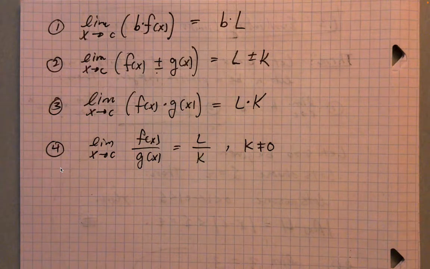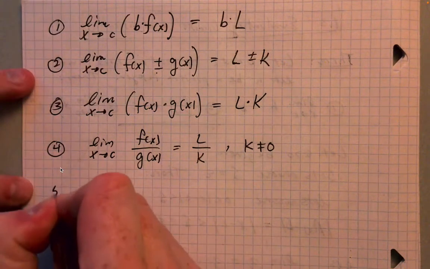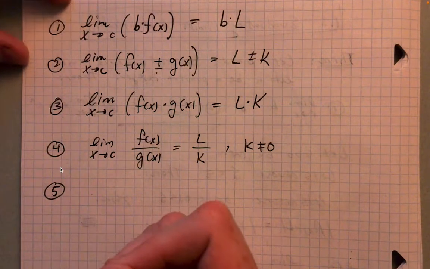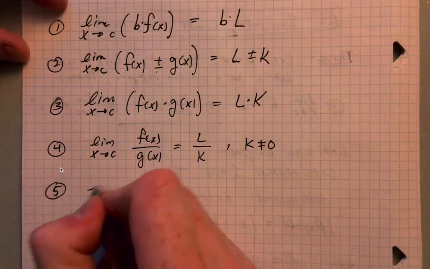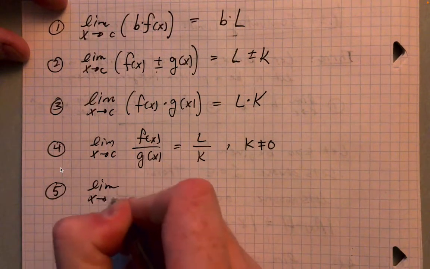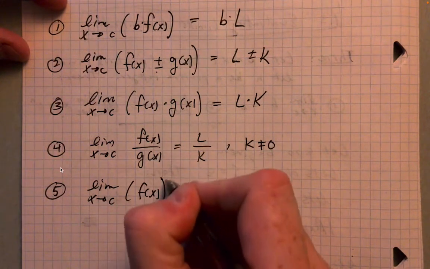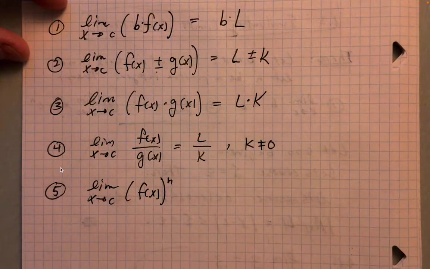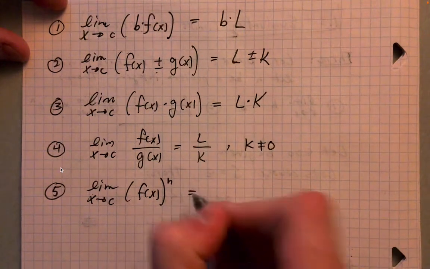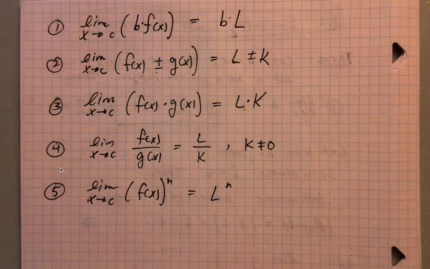This doesn't hold in the case of k equals 0. And then the last item in this very nice theorem is that the limit as x approaches c of f of x, raised to the nth power, is just equal to the limit raised to the nth power.